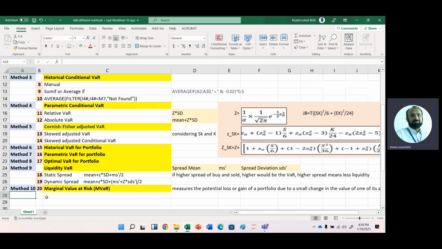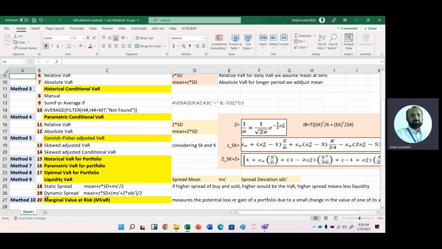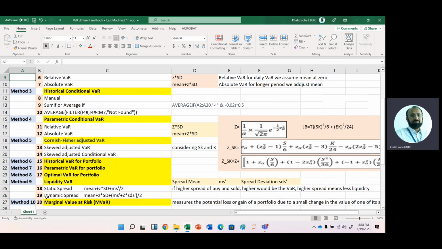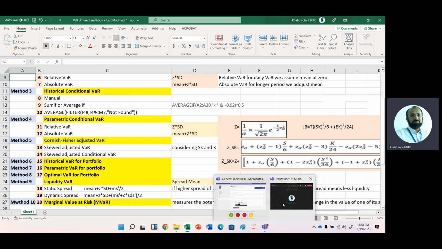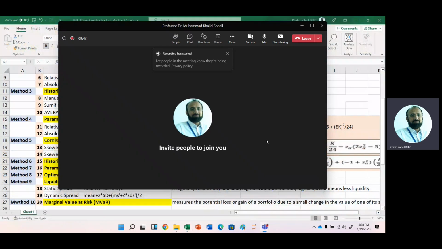So all this was about value at risk and its different methods. In the next video, we will calculate with the help of live data in Excel, using all these 10 different methods and 28 different ways.